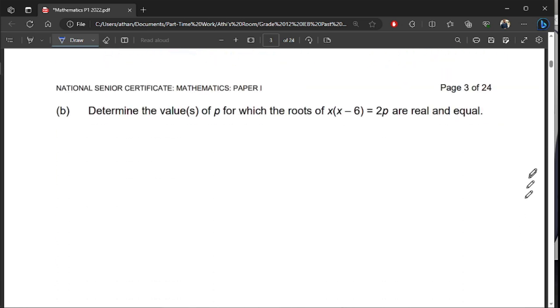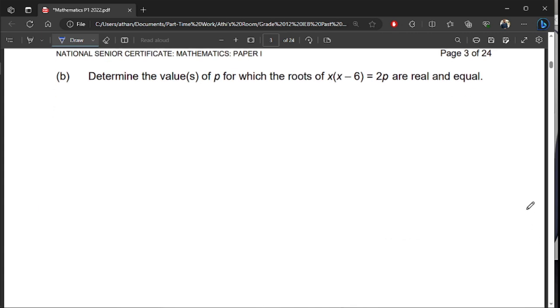And then moving on to the next question. So question B, determine the values of p for which the roots of, and then they gave us this equation, for which the roots of are real and equal.